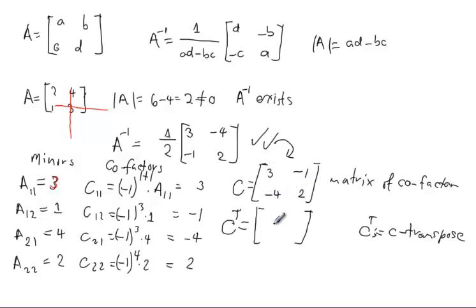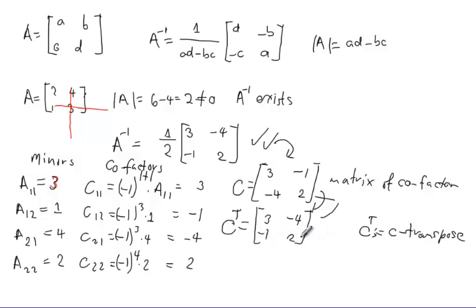Do you see that? So I'm going to have here 3, minus 1. Then when I get here, it hinges here. If I rotate it clockwise, what is this side will go down? What is that side will go up? Isn't it? So this is going to be minus 4, 2.